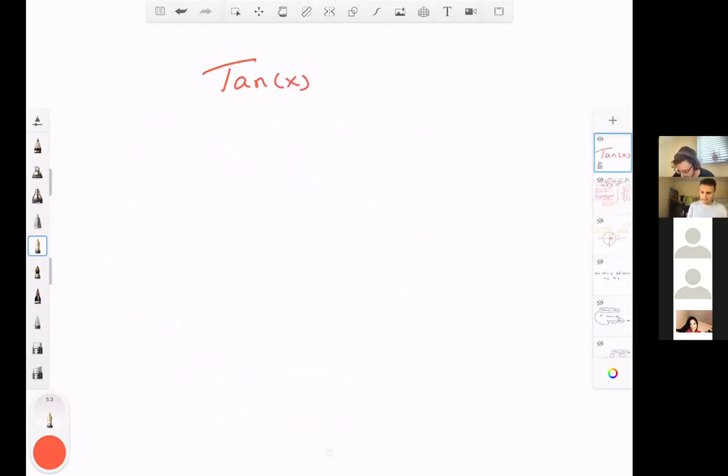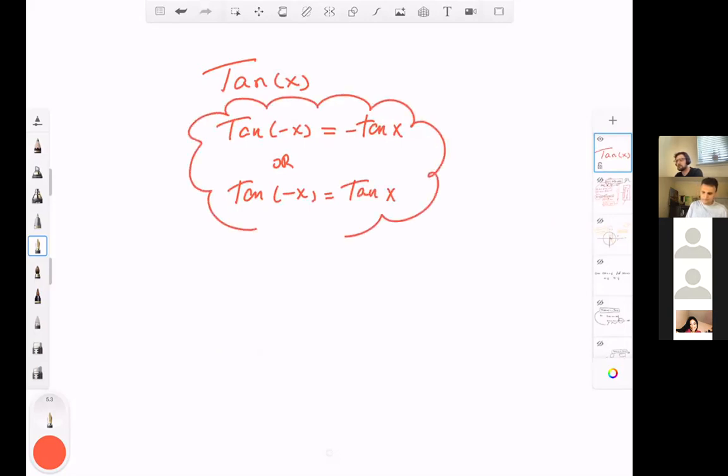Is tangent of negative x equal to negative tangent of x, or tangent of negative x equal to positive tangent of x? What do you think?